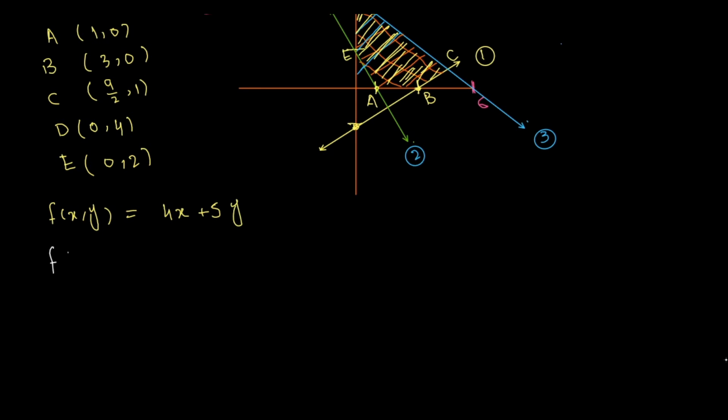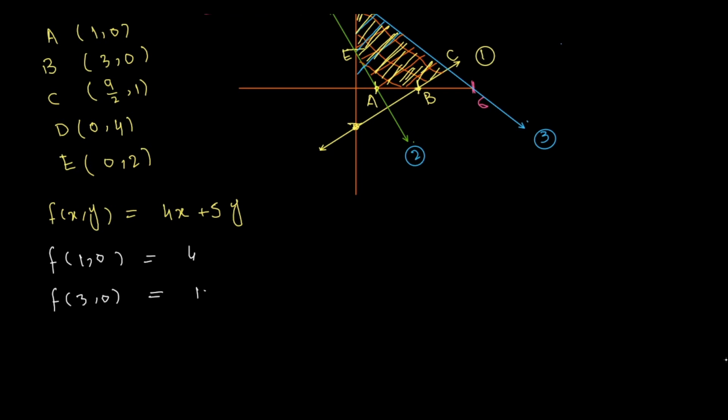Now put the values over here. f of 1 comma 0 is equal to 4, and the next is f of 3 comma 0.